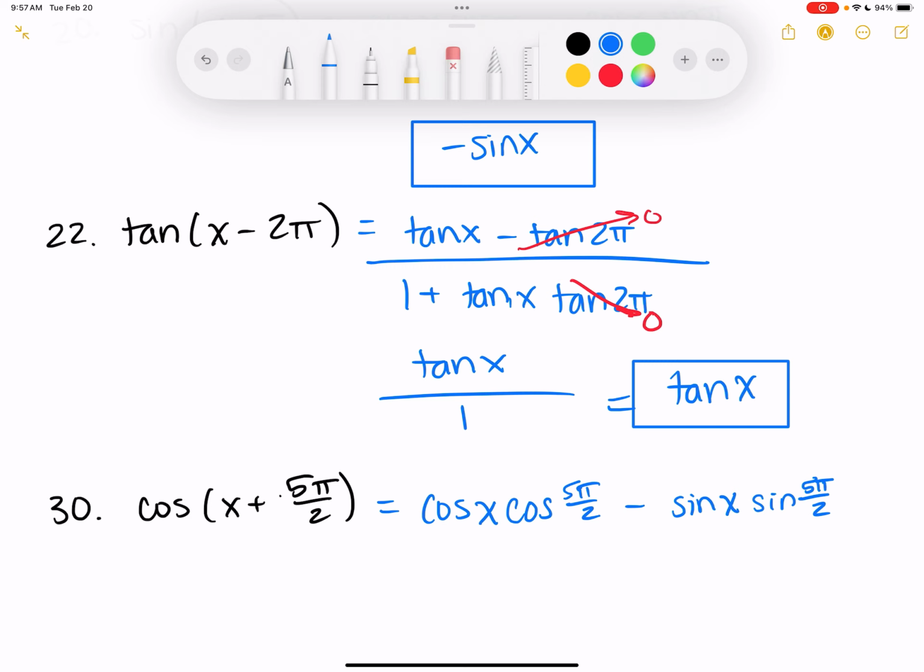Alright, now cosine of 5 pi over 2 isn't explicitly written on our unit circle, but what is it equivalent to? What is it coterminal with? One full time around the circle is what? 2 pi. Well, I need to go another pi over 2 past that.